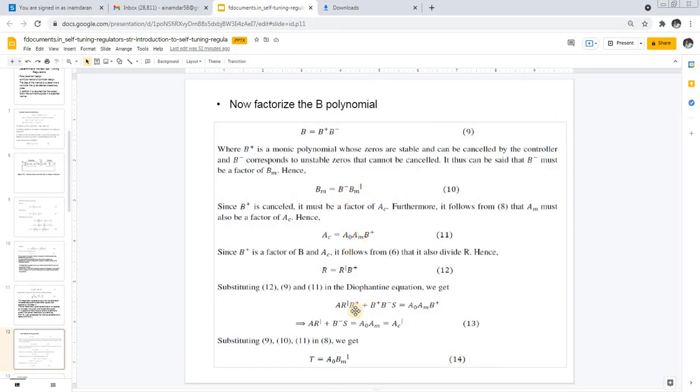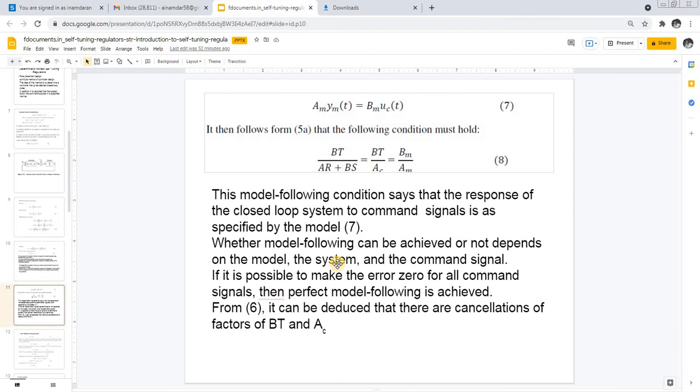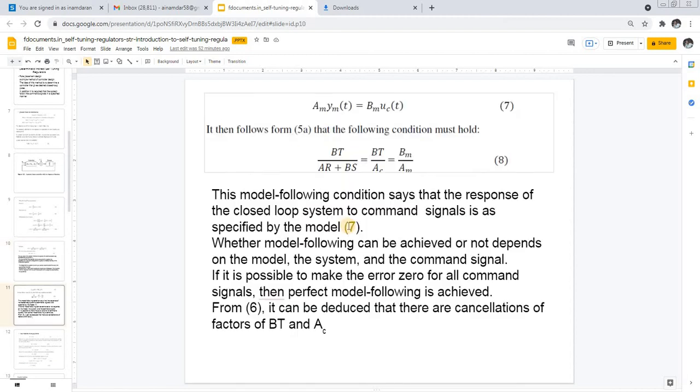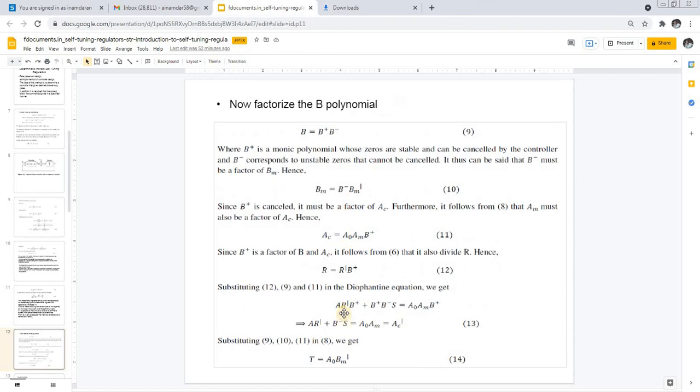So the equation will look like A R dash B plus plus B dash B minus S equals A naught AM B plus.